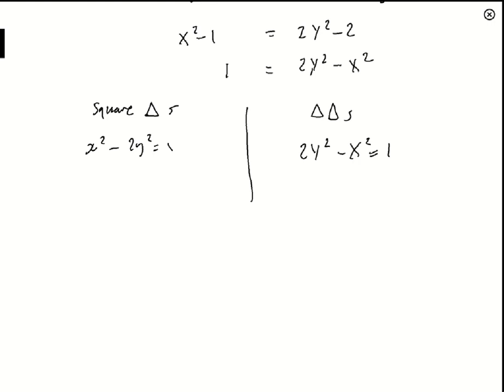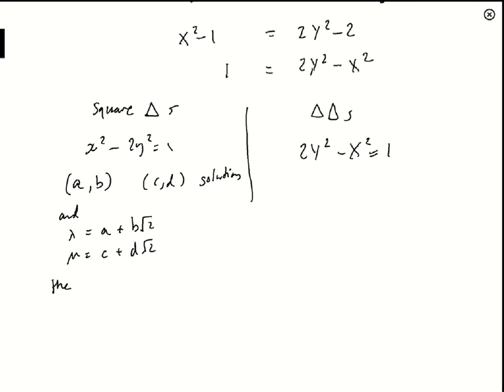So what you can do is, if we had two solutions, A, B and C, D, and if I put lambda equal to A plus B root 2, and mu equal to C plus D root 2, then lambda mu, if you remember, is AC plus 2BD plus AD plus BC root 2. These numbers satisfy AC plus 2BD.